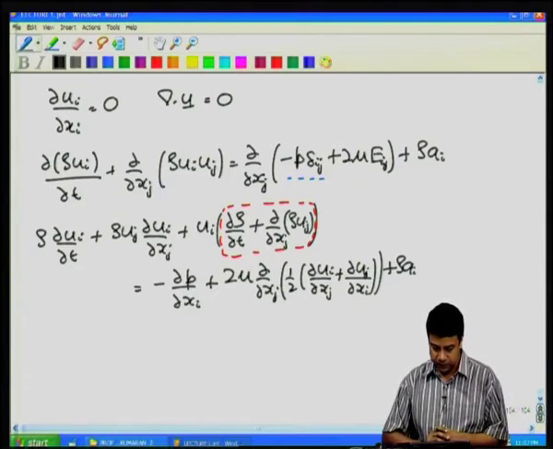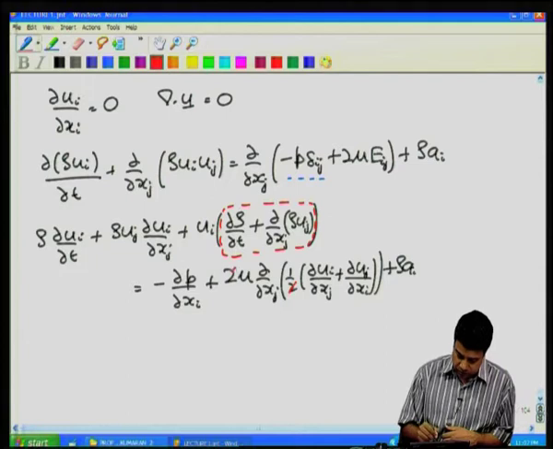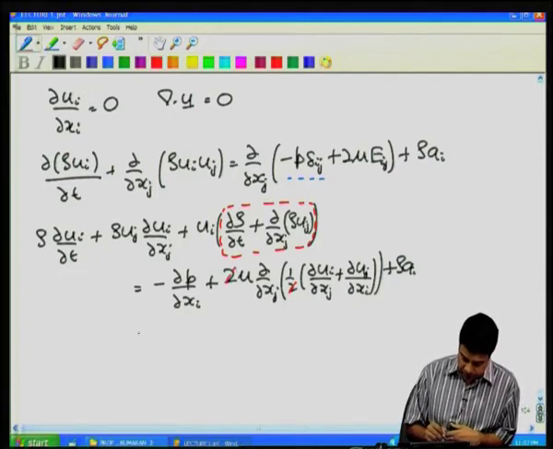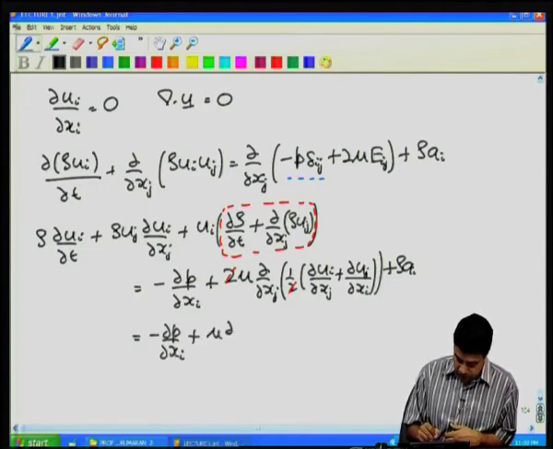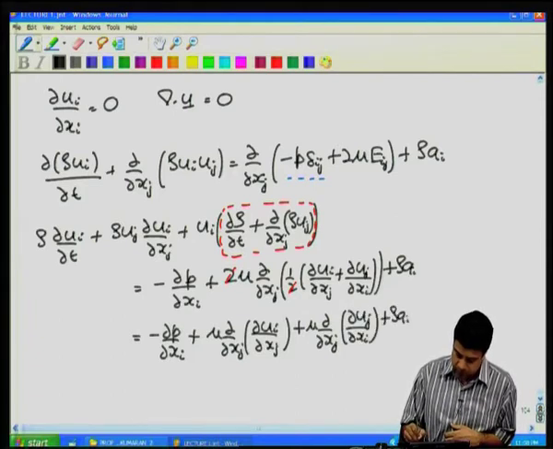These half and 2 will cancel out, and I can write this as minus partial p by partial xi plus mu partial by partial xj of partial ui by partial xj plus partial uj by partial xi, plus rho ei.